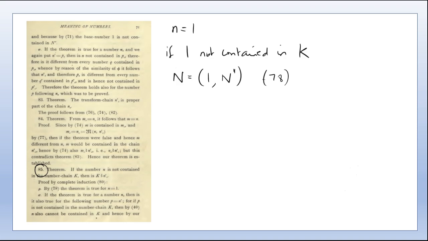So k is a number chain, then every element of k. Sorry, I'm just trying to think this through. I'm sure it's really obvious. I'm probably overcomplicating things, but so k is a number chain. Let me get this straight. So k is a number chain.